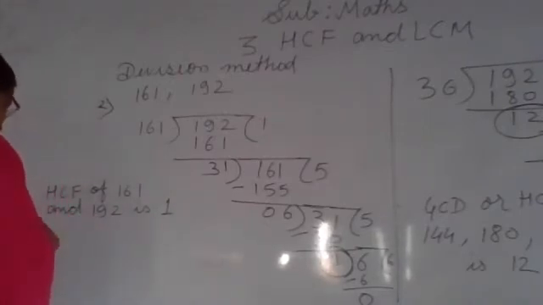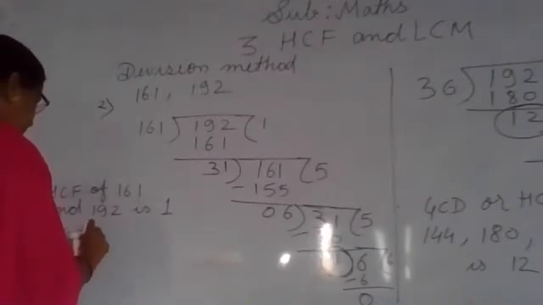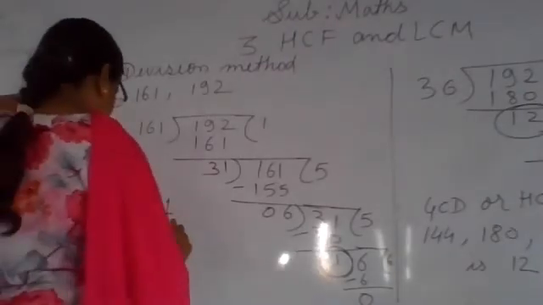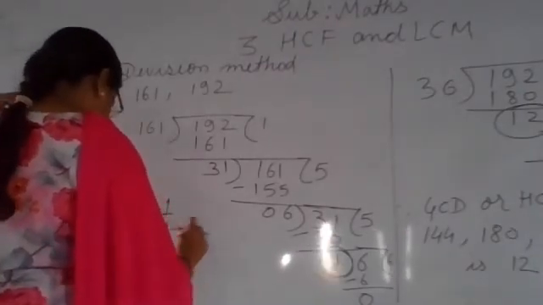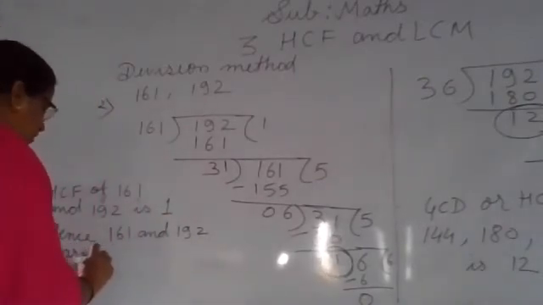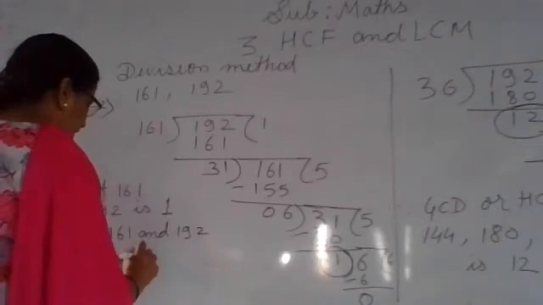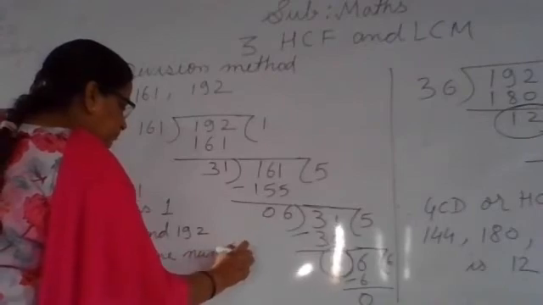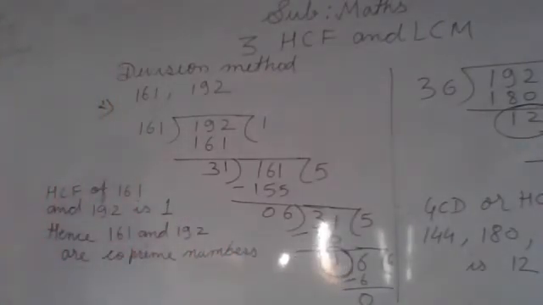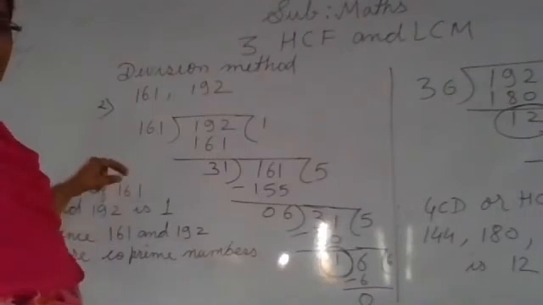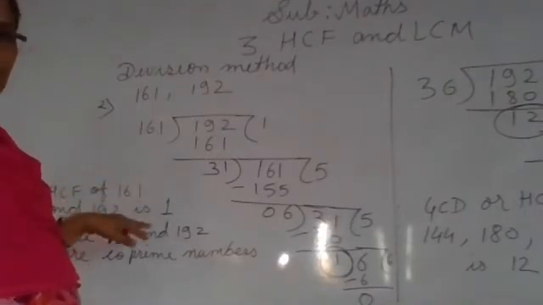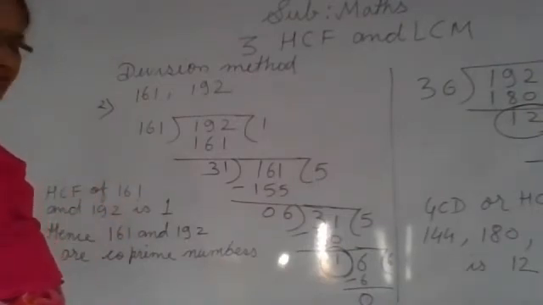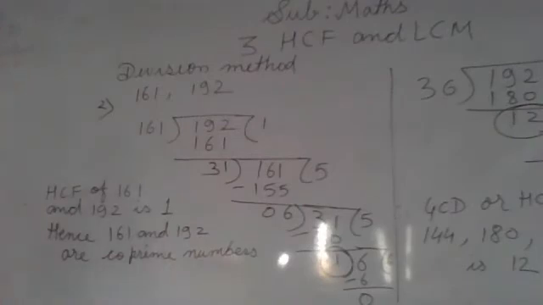Hence, 161 and 192 are co-prime numbers. Okay, got it beta? So always remember this thing. HCF of any two co-prime numbers, and HCF of any two prime numbers are always 1. So let us see one more example.